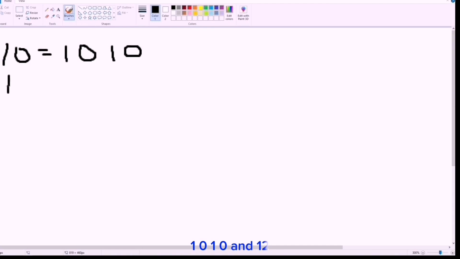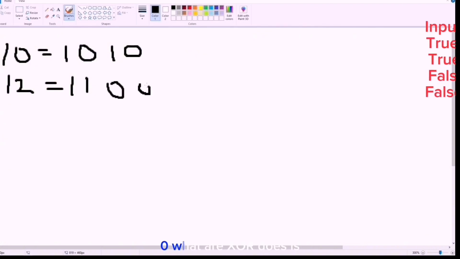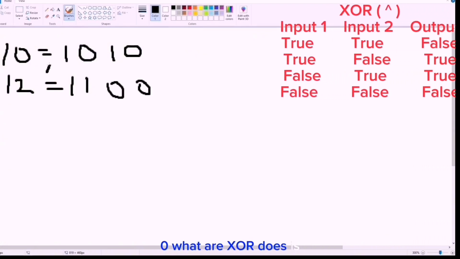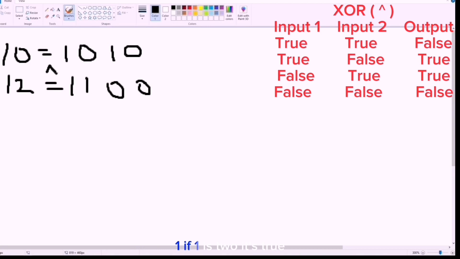And 12 is equal to 1100. What our XOR does is: if one is true, it's true. If one is true and the other one is false, then it's true. If both of them are true, it's false. If both of them are false, it's false.